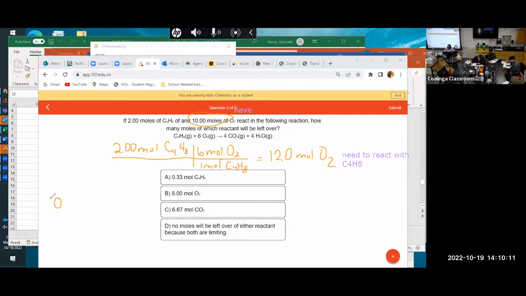We know that the oxygen is limiting, so we need to figure out how much of the butene we're actually going to be using, because that's how we figure out how much is left.